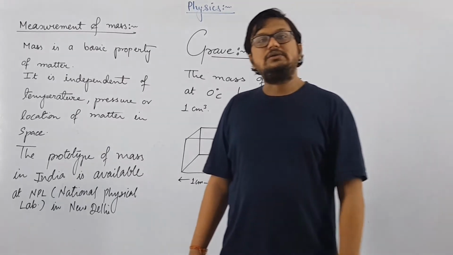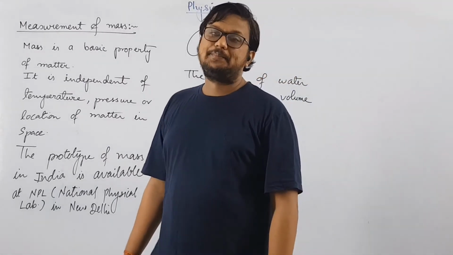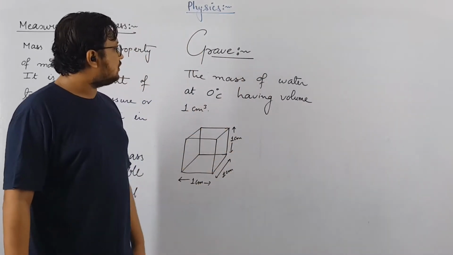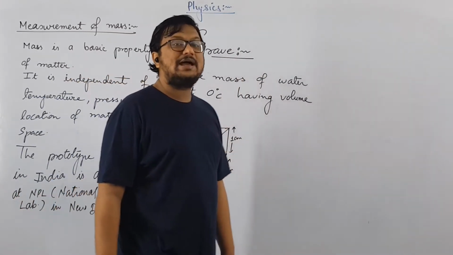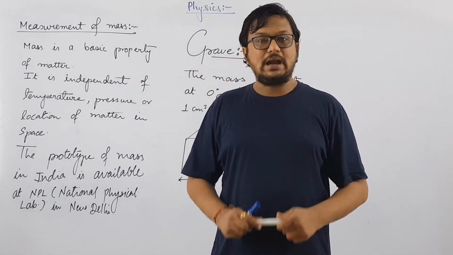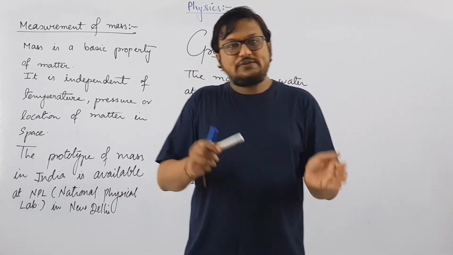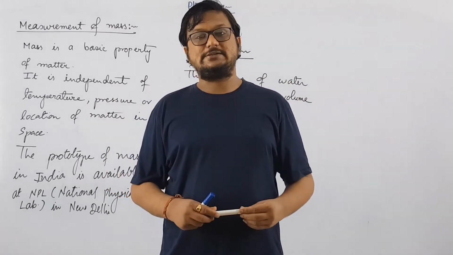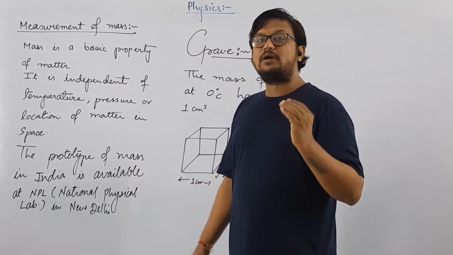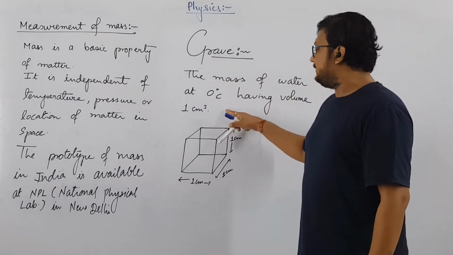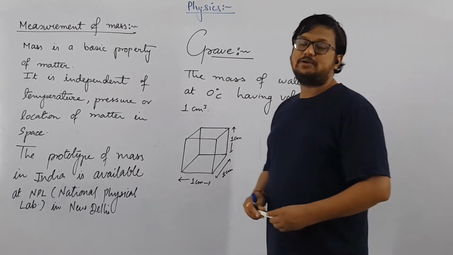Later on this grave was converted into gram. But here instead of 0 degrees Celsius, we have now taken 4 degrees Celsius. So the definition for gram was the mass of water at 4 degrees Celsius having volume 1 centimeter cube.